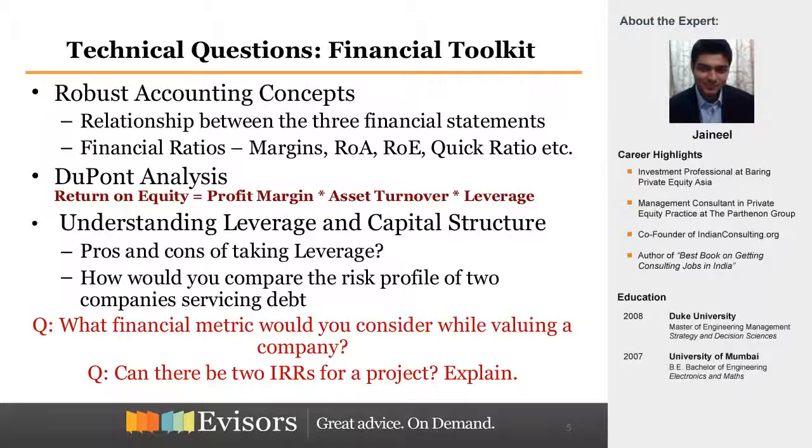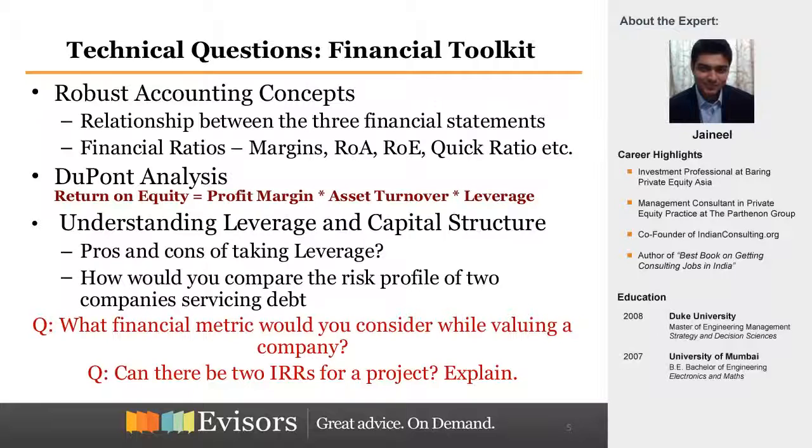Something that I would stress is the DuPont analysis. For those who are not aware of the DuPont analysis, it is basically breaking up of the return on equity into 3 or sometimes 5 of its components, to be able to strip out whether the return on equity is being determined through the profit margin, whether it's coming from the asset turnover, or whether it's coming from the leverage.